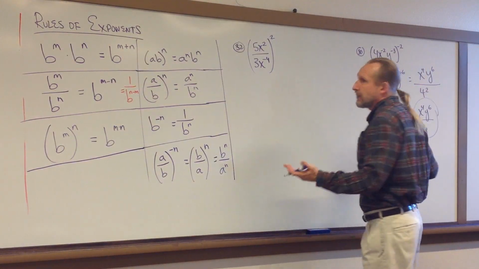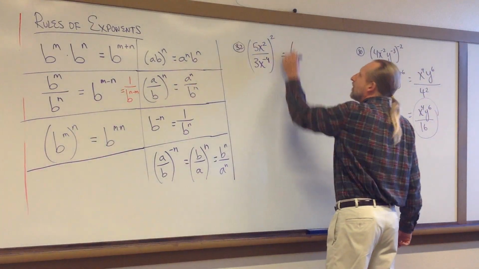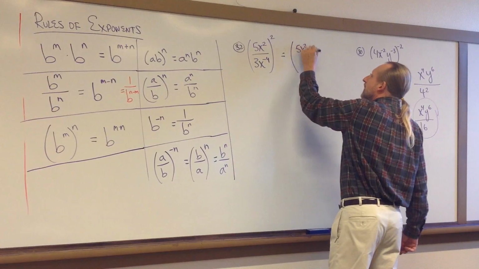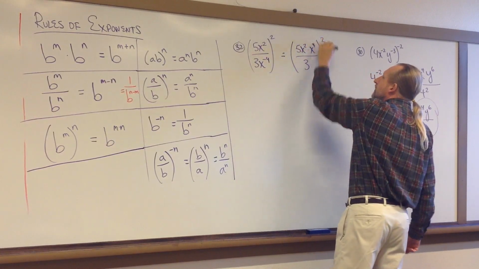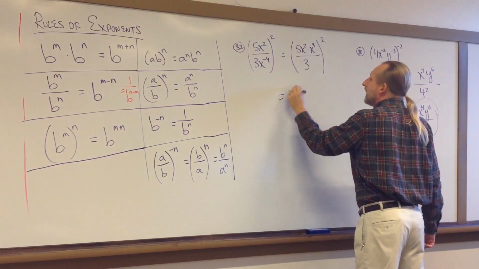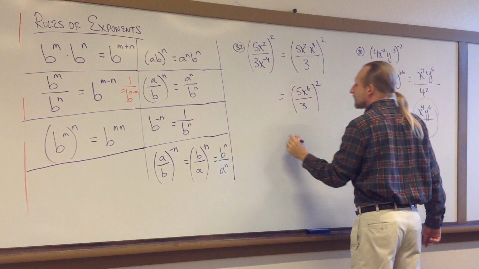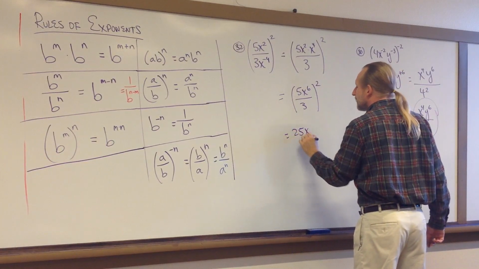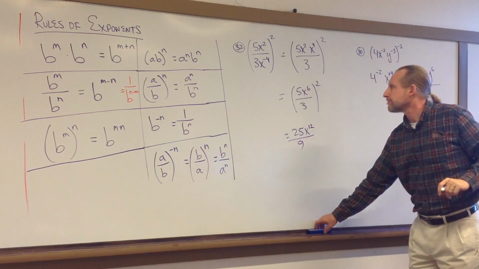And like I was saying before, it doesn't matter usually, okay? So let's see, 5x squared, and then we'll put that x to the fourth up on top as a positive exponent. And now we've got 5x to the sixth over 3 all squared. So that's going to be 25x to the 12th over 9.